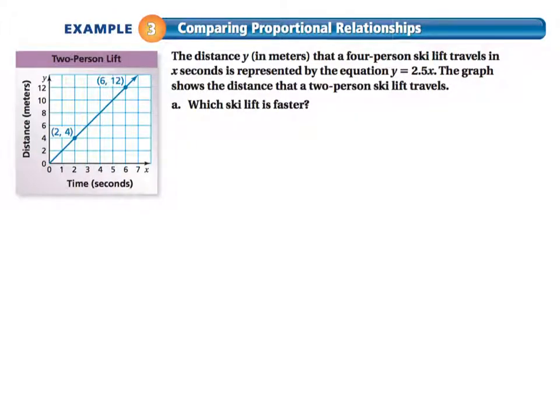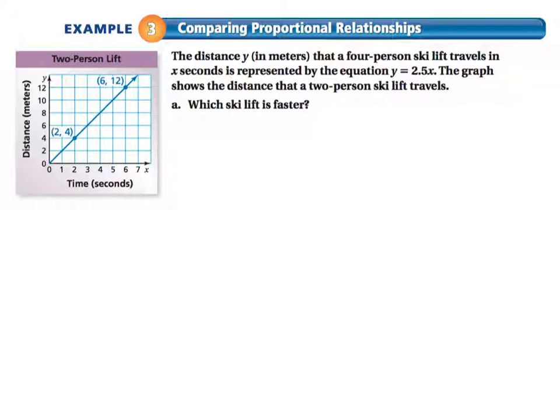So in example 3, comparing proportional relationships. The distance y in meters that a 4-person ski lift travels in x seconds is represented by the equation y equals 2.5x. The graph shows the distance that a 2-person ski lift travels. So right here we can see on the left a 2-person ski lift. Which ski lift is faster?